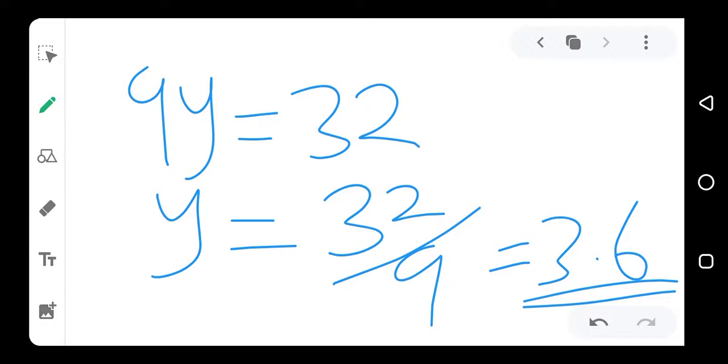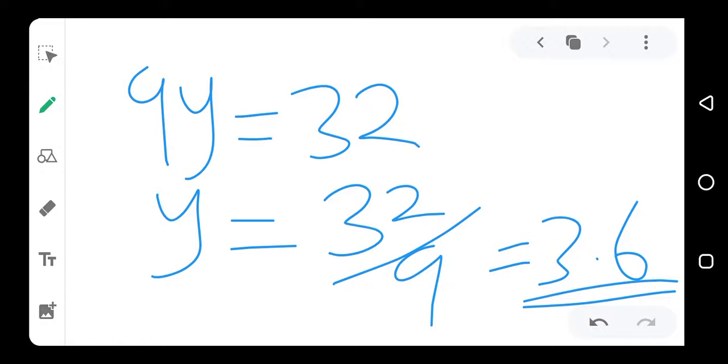So this is how to solve joint variation. It can be two direct variations. It can be two inverse variations. It can be inverse variation and direct variation, a combination of the two. And in joint variation, it is not limited to only two quantities. The first quantity can have more than two quantities.